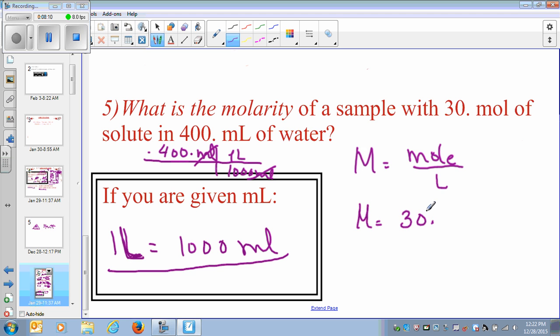This decimal point means you have two significant digits here. Divide by 0.4. I have three significant digits here, so 0.400. You need to convert it into liters. So 0.400 liters is your answer right here that you plug in, moles over liters. You have to divide it, and that will give you the molarity.